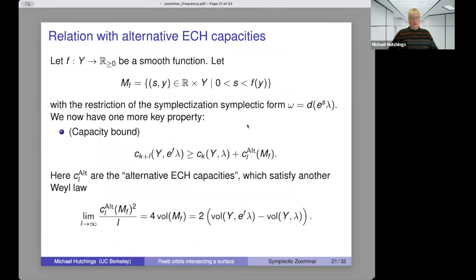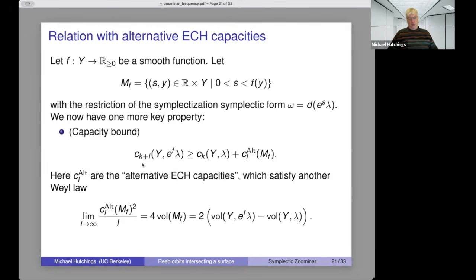And then the last property of the spectral invariants that I need is that if you look at the spectral invariants of e to the f times lambda and compare them to the spectral invariants of lambda, well, they differ by this alternative ECH capacity of M_f.